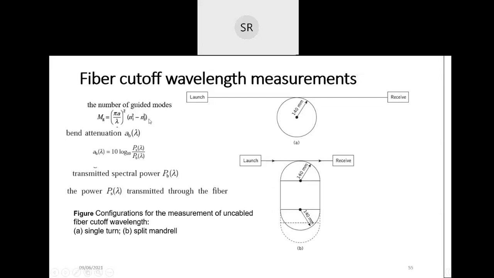So generally we say that for a given particular fiber, the effective cutoff wavelength, if we consider a single wavelength, or a step index fiber, so it has a single wavelength, in that case generally we say that an LP11 mode is propagating through the fiber.